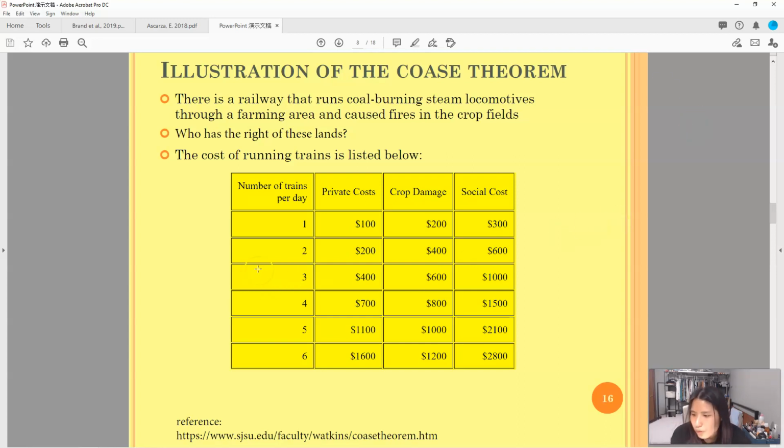So the yellow table is the cost of running trains, which is very easy to understand. I think the table is pretty readable.